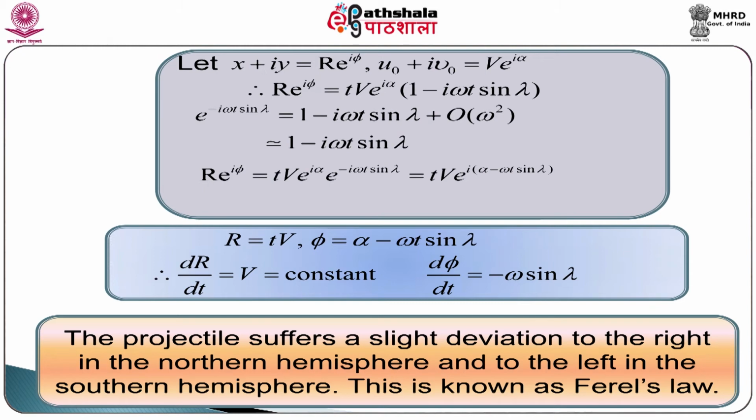Therefore, the time derivative of capital R gives dR/dt equal to capital V, which is constant. The time derivative of phi, that is d phi/dt, equals minus omega sin lambda. That is, the radius vector grows at a constant rate capital V, and at the same time the radius vector turns at a constant rate phi dot given by minus omega sin lambda.